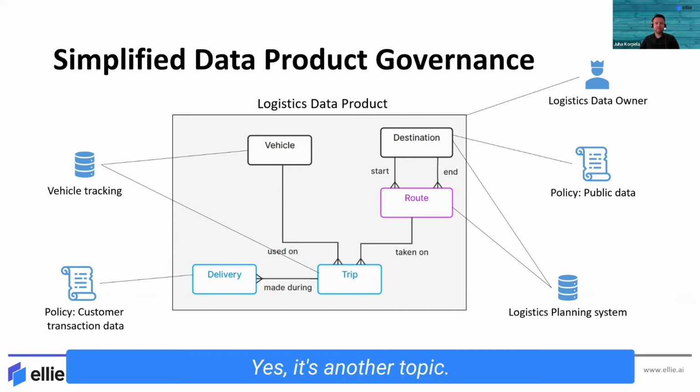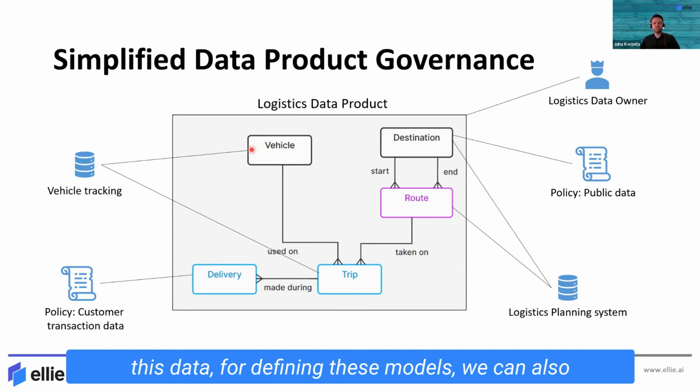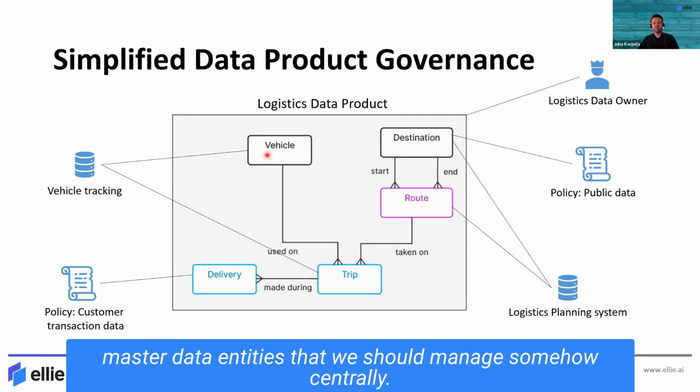Yeah, it's a whole other topic, but just saying that in the process of defining this data product, defining these models, we can also decide that, well, vehicle is a master data entity which is managed centrally somewhere. So this allows us to see what are the master data entities that we should manage centrally.